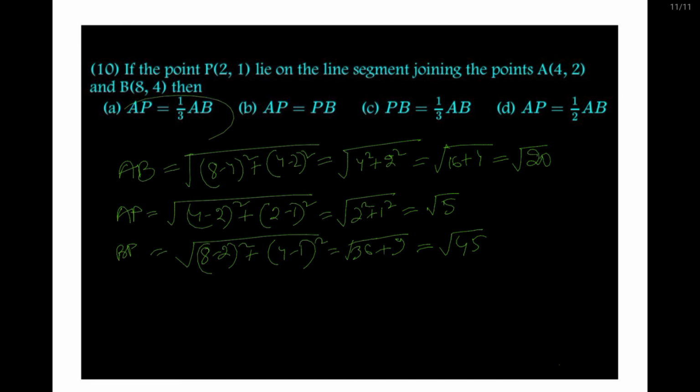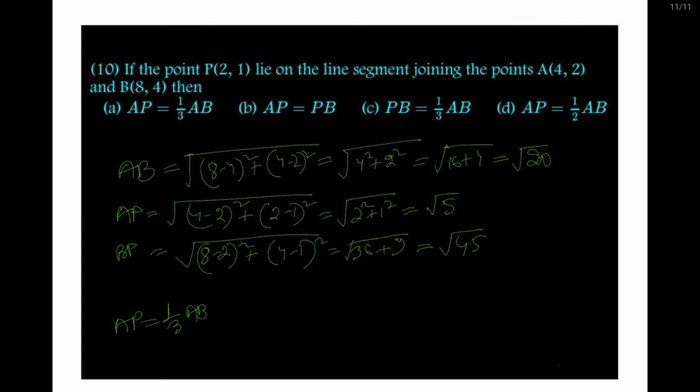First one, let's check which of them is valid. AP is equal to 1 by 3 of AB. We have found all the values AP, AB and BP. Here you can see that again and again these values are attached with the relations.